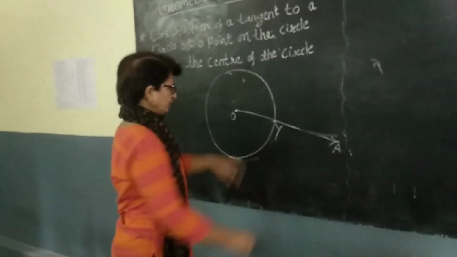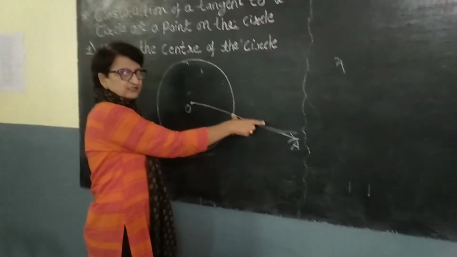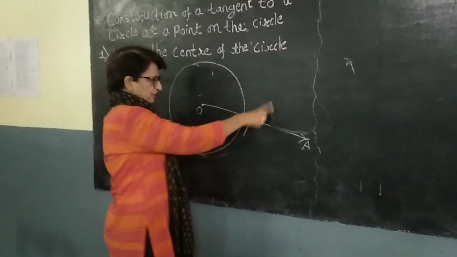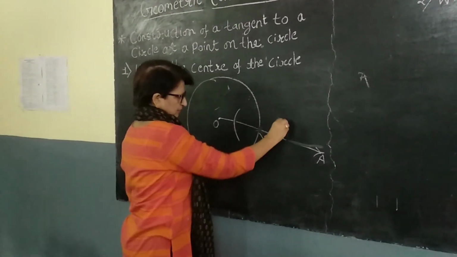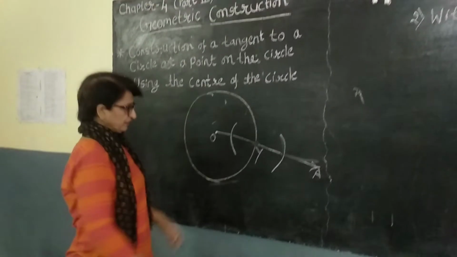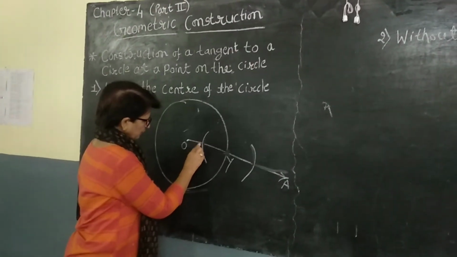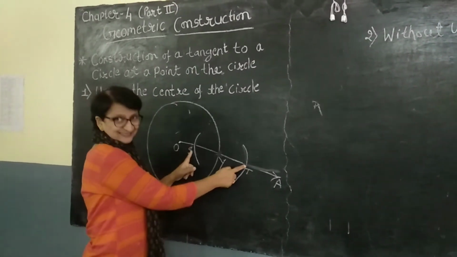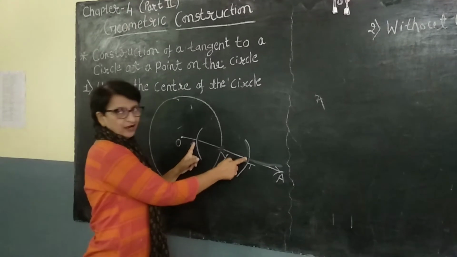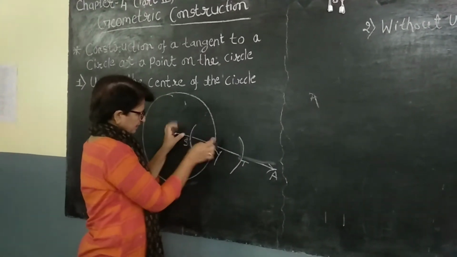Okay. Now with Y as center and any convenient radius, draw an arc this side and then draw an arc this side. Okay. Then let these be points S and T. Then taking more than half the distance of ST, half would be around here, so more than this.